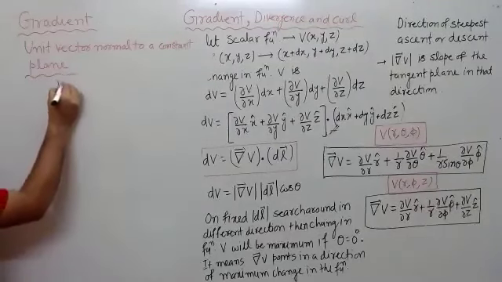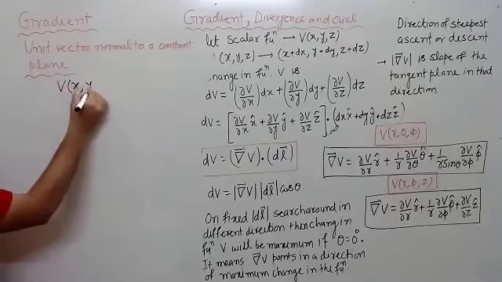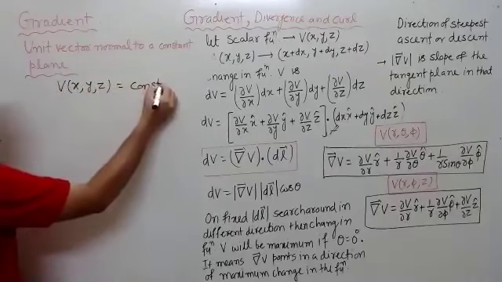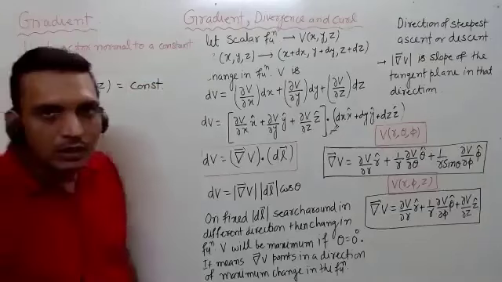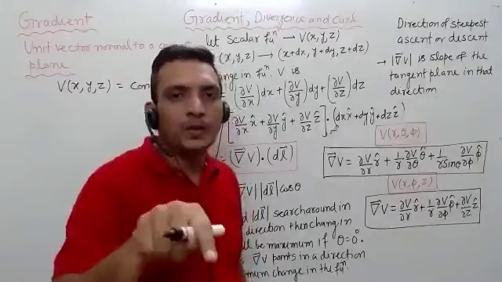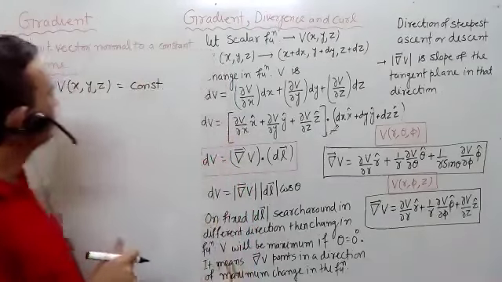For example, that constant plane is represented by V(x, y, z) equal to some constant value. Some constant plane is given and you have to find unit vector at a particular point normal to that plane.